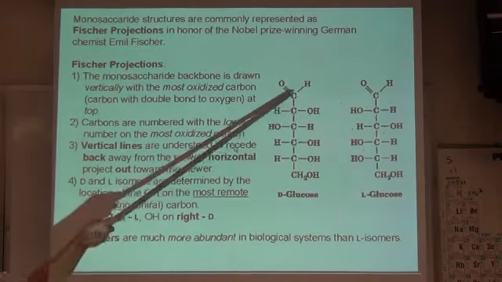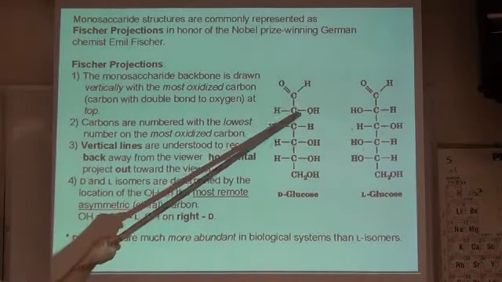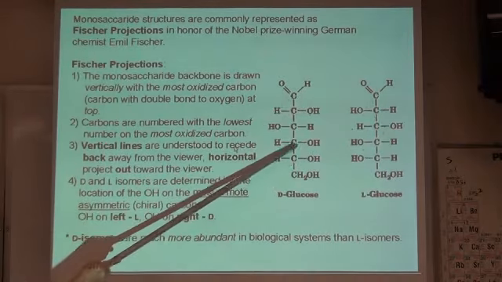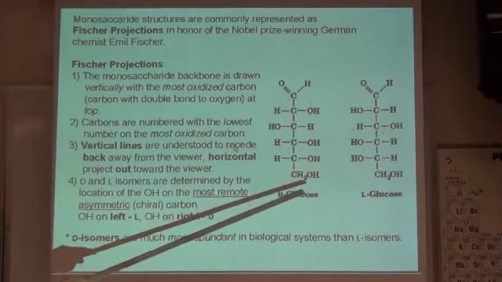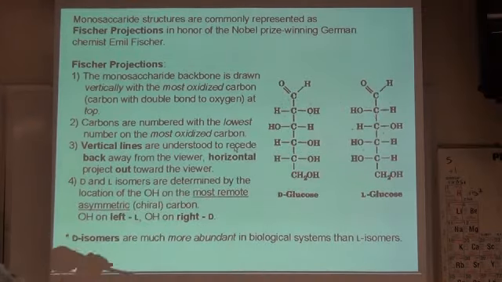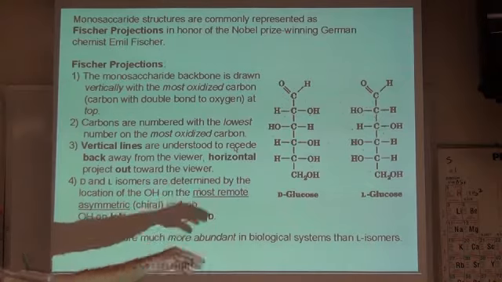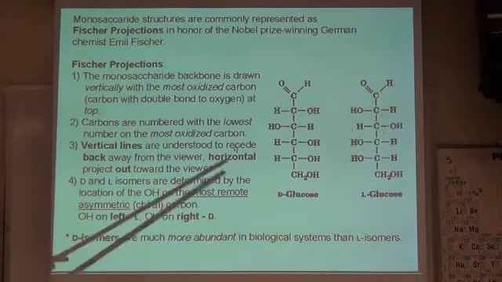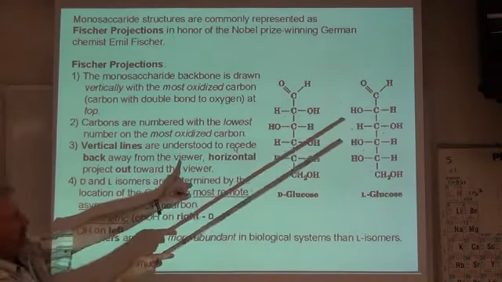If we look at these vertical bonds and these horizontal bonds, the vertical bonds are understood to recede back away from us, and the horizontal ones project out at us.